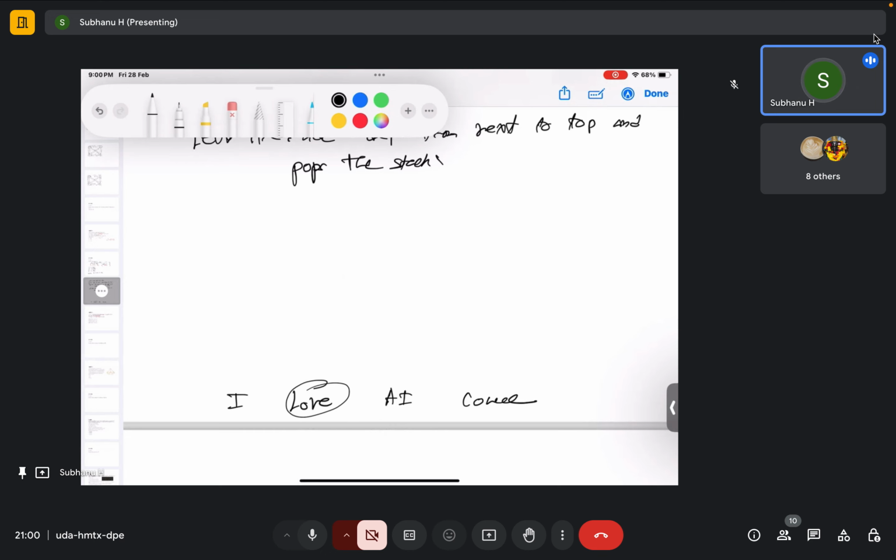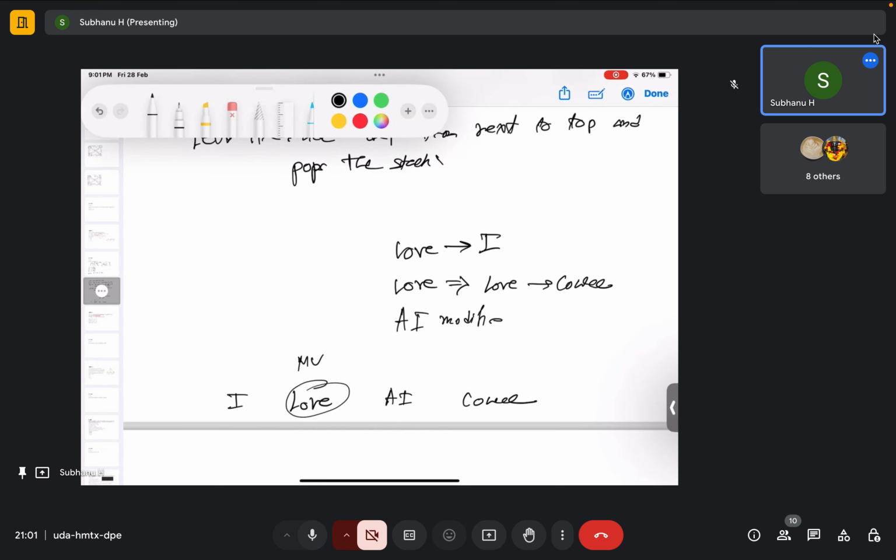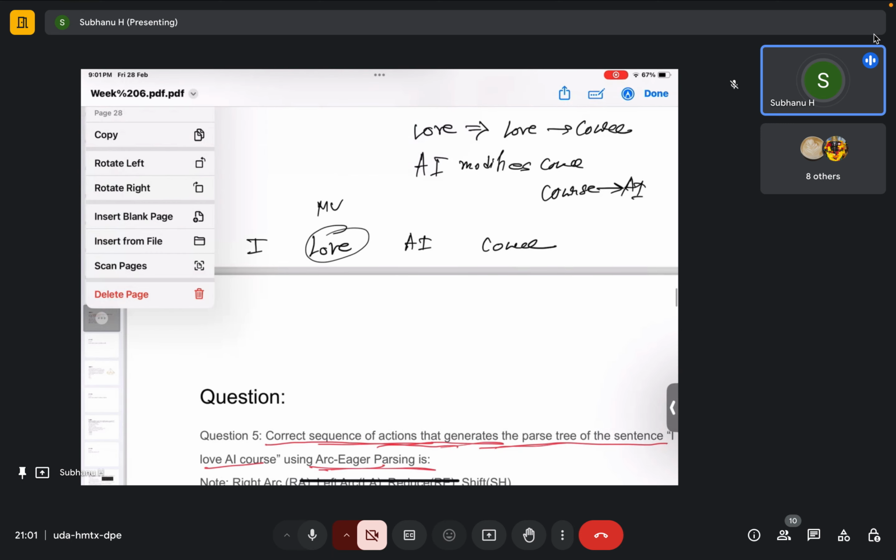Love is the main part. Then I is the subject of love, that means love to I. Then course is the direct object of love, that means love to course. And AI modifies course, that means course to AI. So here, what will I have?